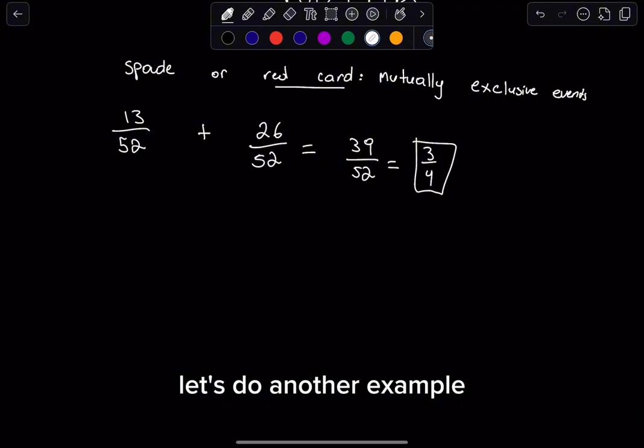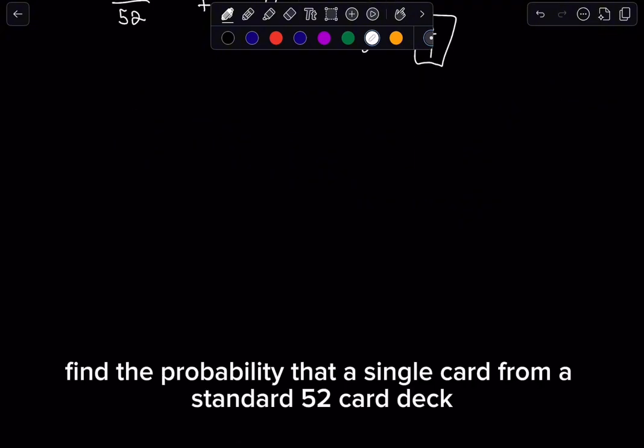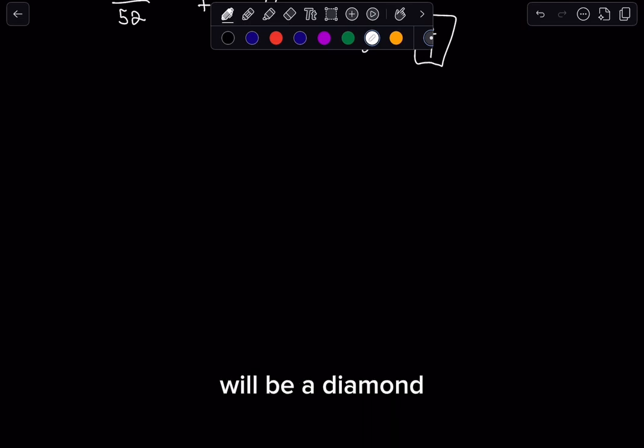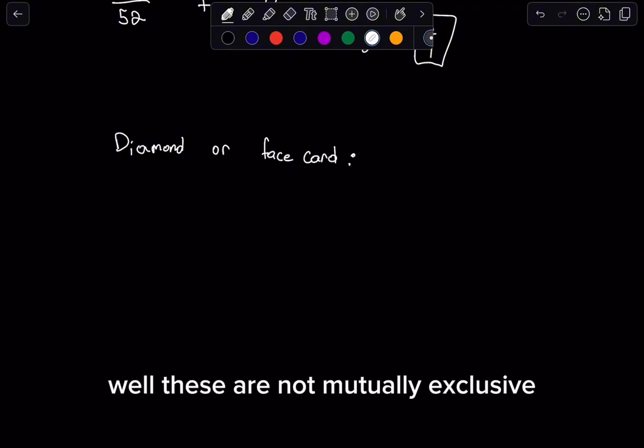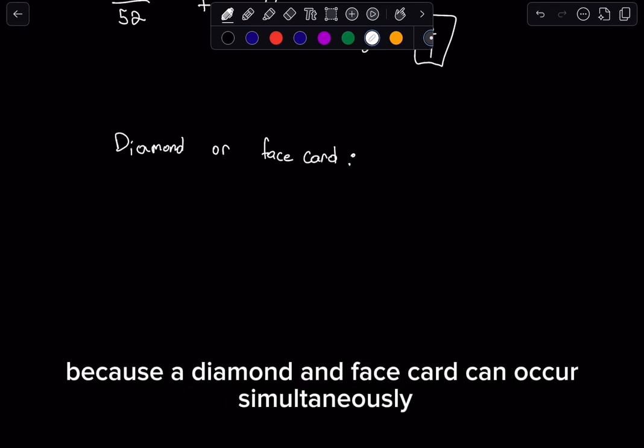Let's do another example. Find the probability that a single card from a standard 52 card deck will be a diamond or face card. Well, these are not mutually exclusive because a diamond and face card can occur simultaneously.